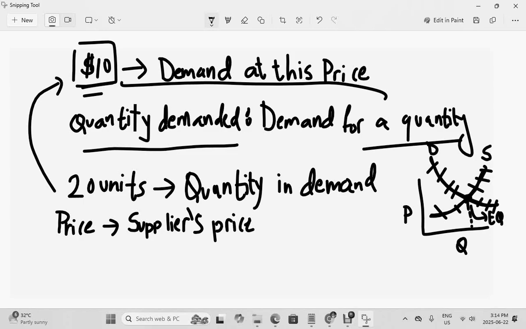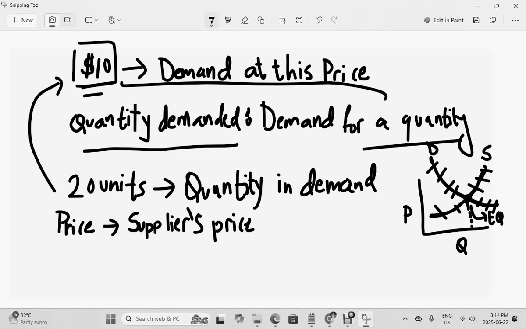However, let's assume that because of scarcity of raw materials or resources, or new technology, the demand was to change for a certain product, not relative to price.